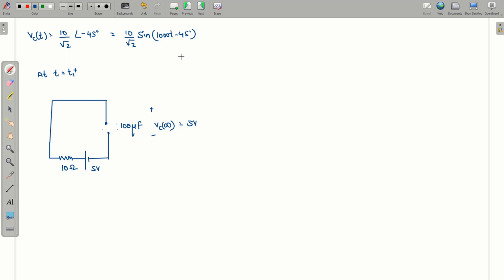So at t equal to t1, these two values should be equal: 10 by root 2 sine(1000 t1 minus 45) equal to 5. So sine(1000 t1 minus 45) is equal to 1 by root 2.